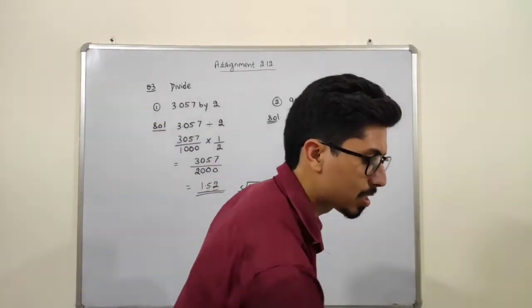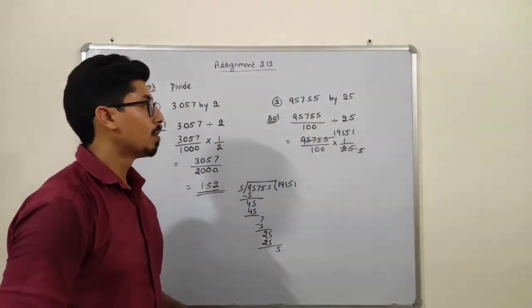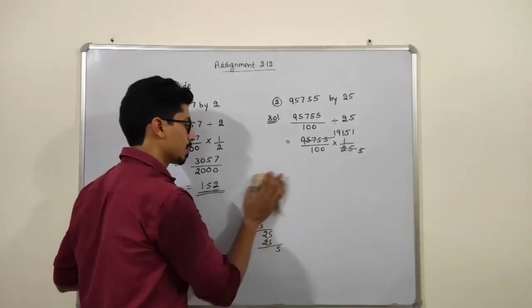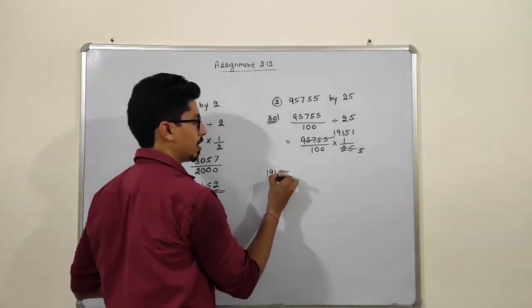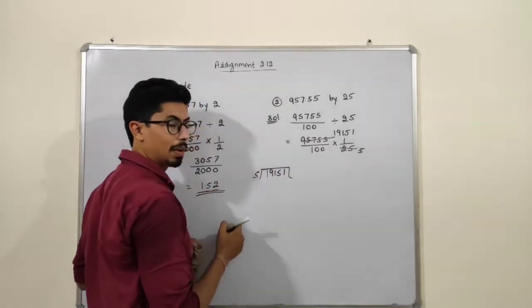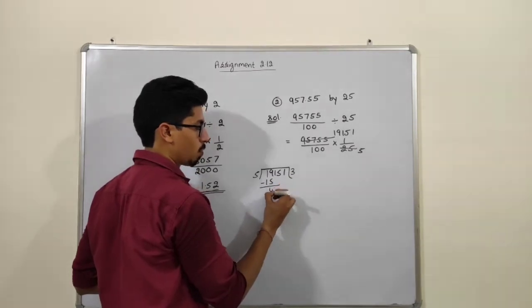Now this 19151 is neither divisible by 5 nor divisible by 100. So we have to give the answer in decimal. For this we have to divide 19151 by 5, students. 5 3s are 15, remainder is 4 now.